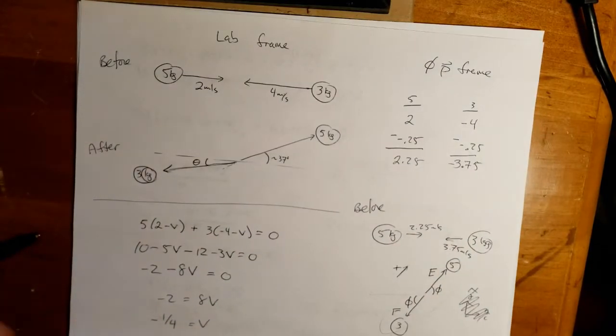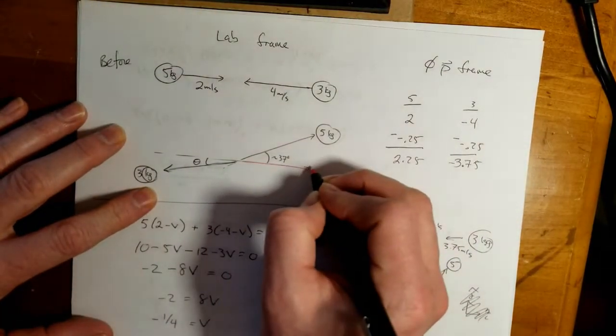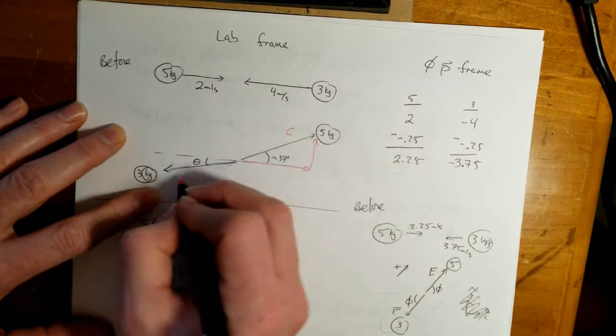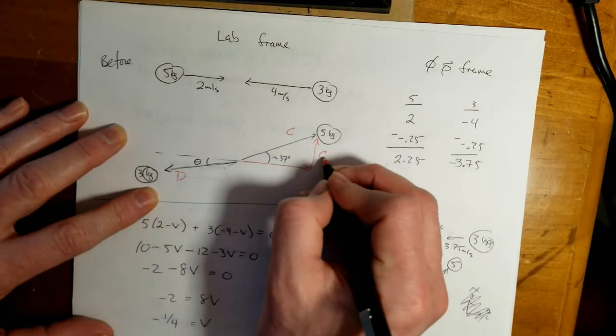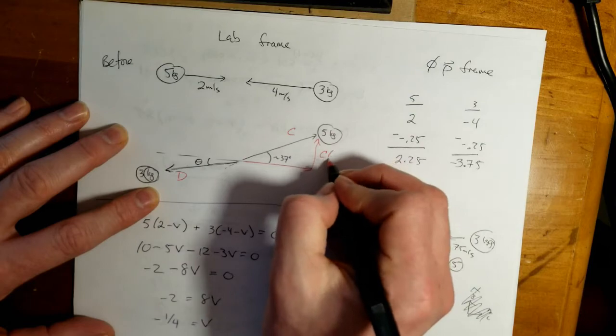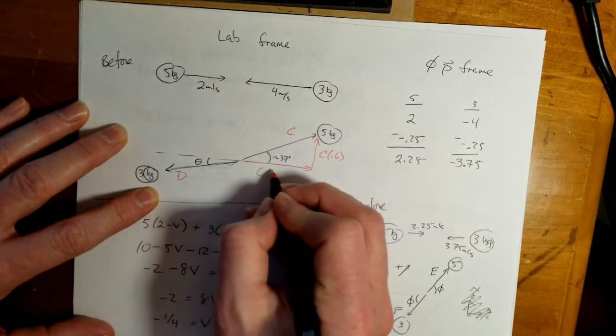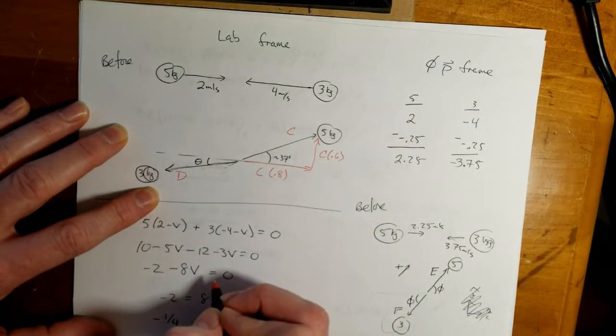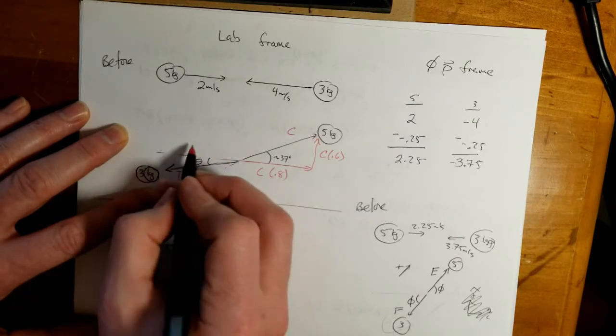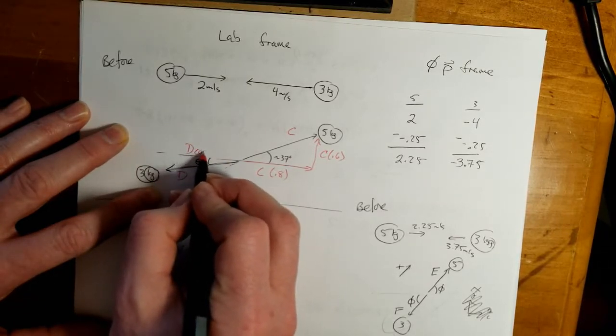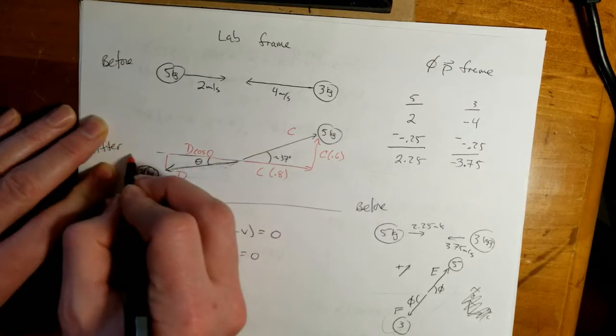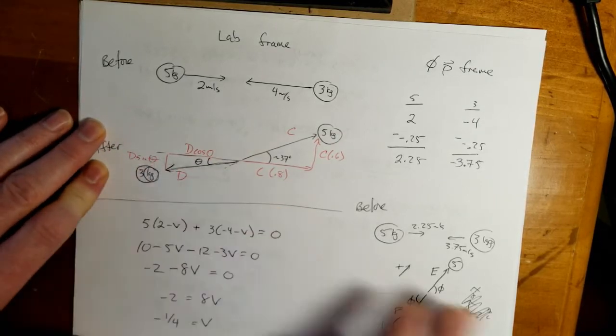So if I look at this triangle right here, this was C and D. This becomes C times the sine of that angle, which is 0.6, and this is C times the cosine of that angle, which is 0.8. This right here is D times the cosine of theta, and this component becomes D times the sine of theta.